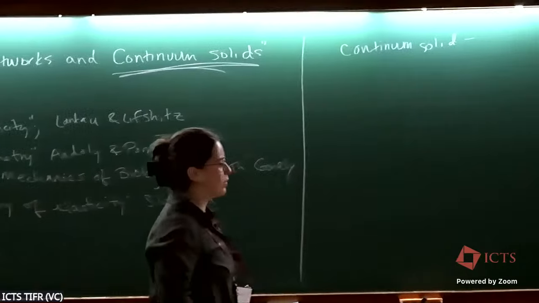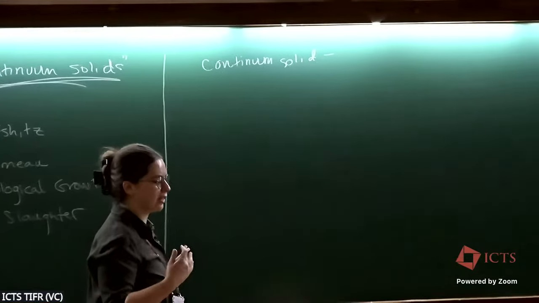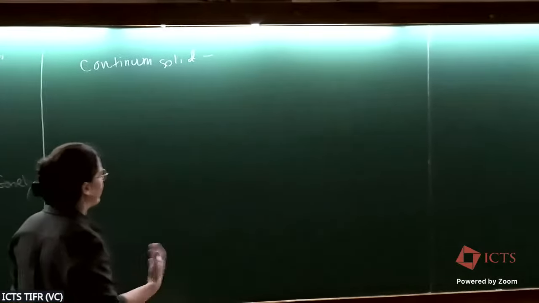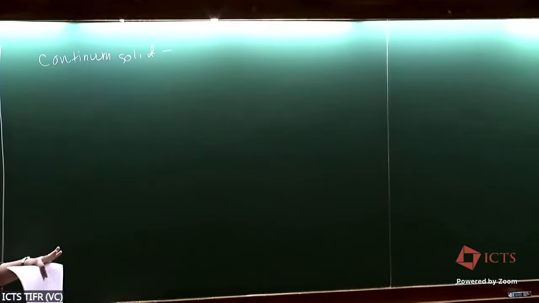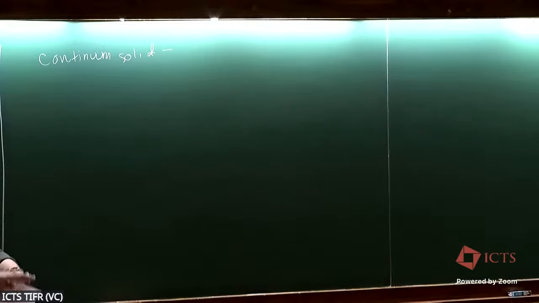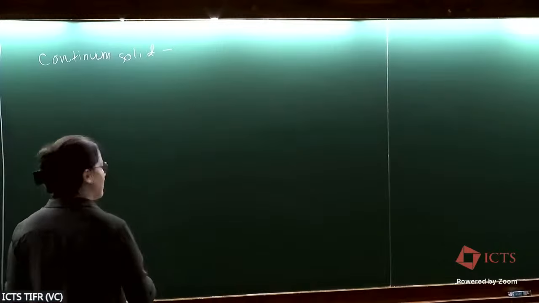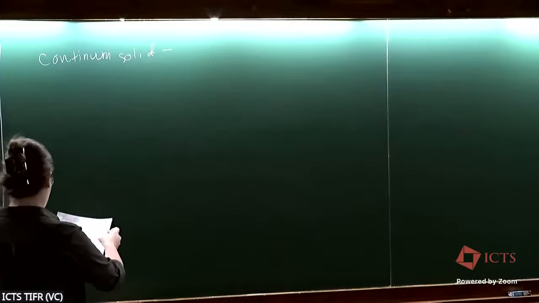So today I'm only going to be talking about continuum solids, and we're going to define a continuum solid as a collection of material points so that we can define continuous fields on top of those material points. So displacement will be a continuous field, stiffness would be a continuous field, density, all of these things we're going to assume are continuous.